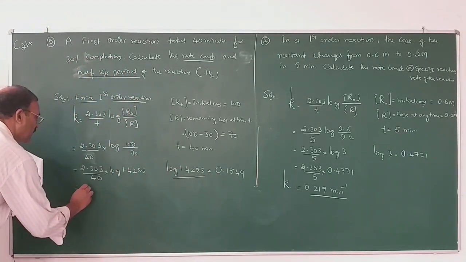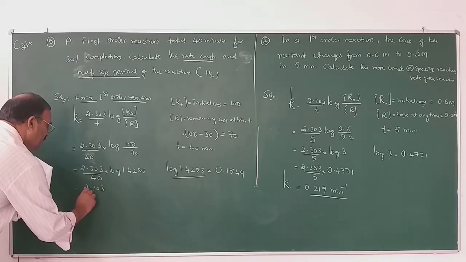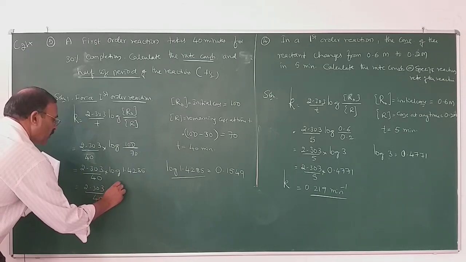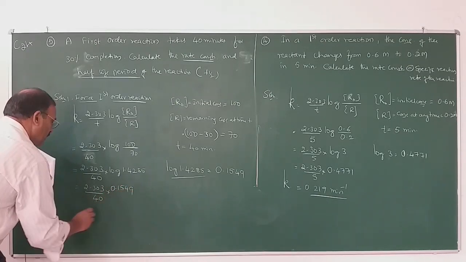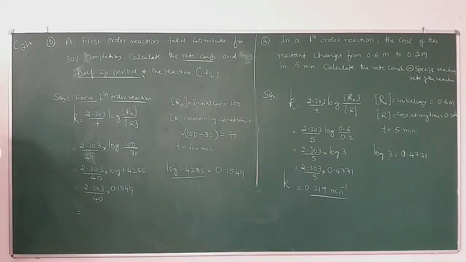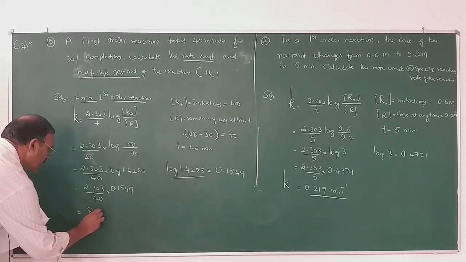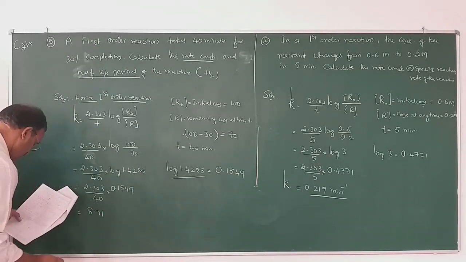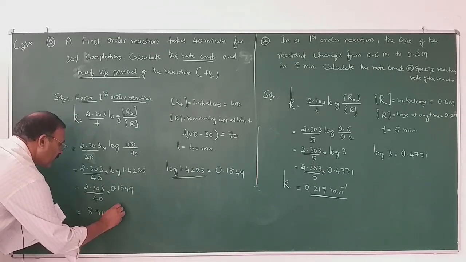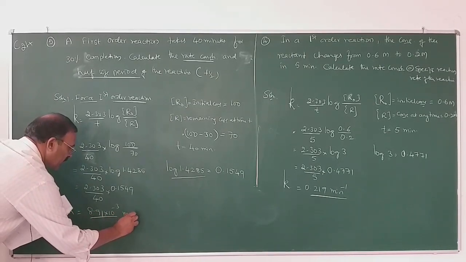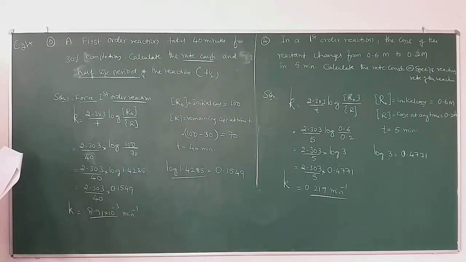So substituting here, 2.303 divided by 40 into 0.1549. So on simplification, you will get 8.91 into 10 to the power of minus 3 minute minus 1. So this is the value of K.